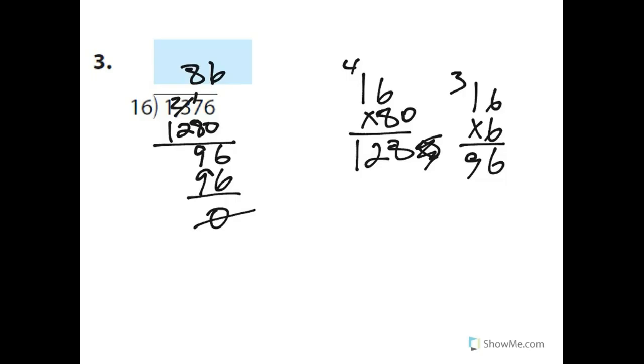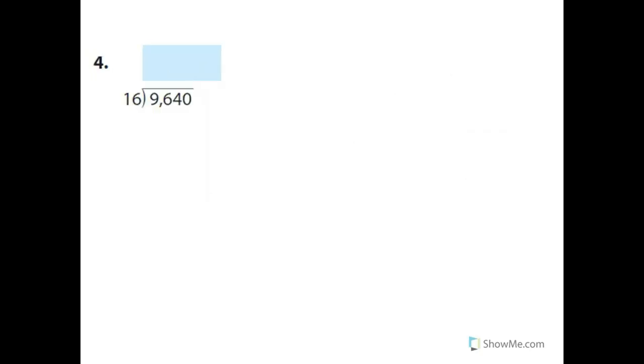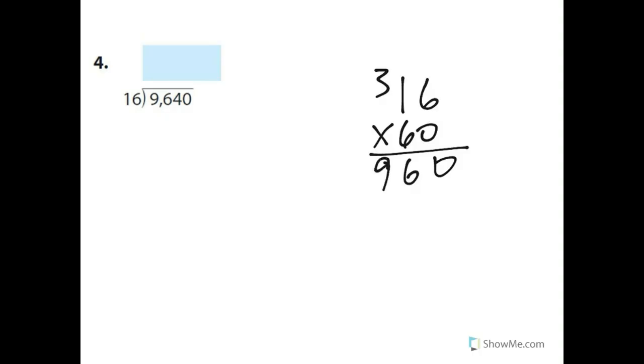Moving along. All right. Go ahead and solve number 4, and then we'll go over it. All right, so we just did some 16 times 6, right? I'm going to do it times 60. 0. 6 times 6 is 36. 6 times 1 is 6 plus 3 is 9.